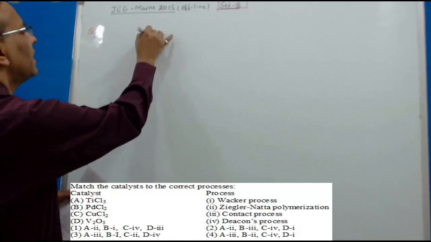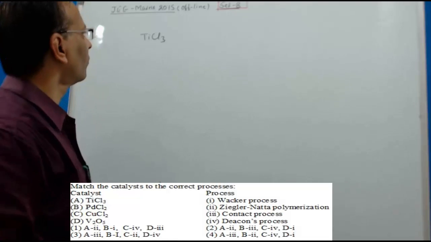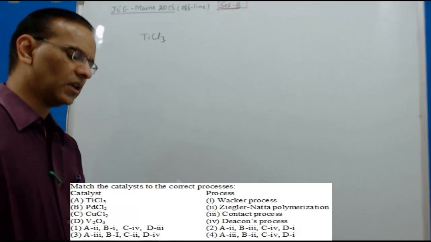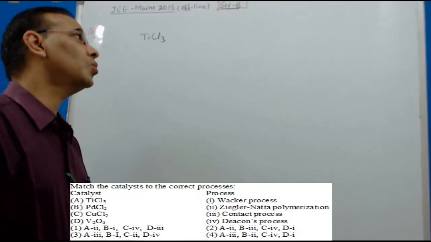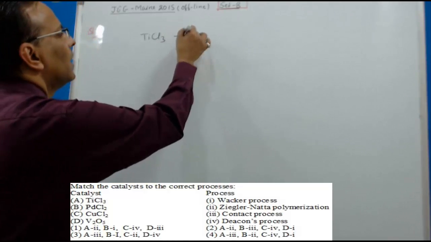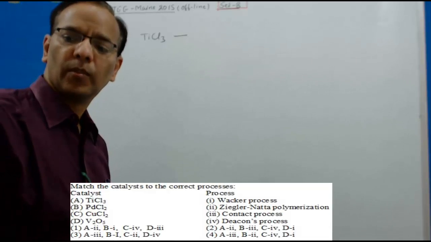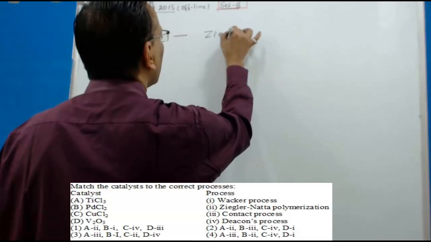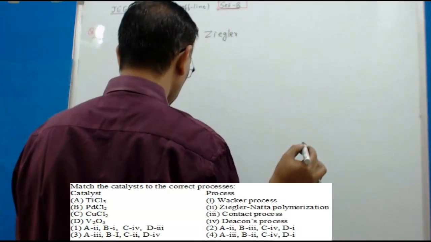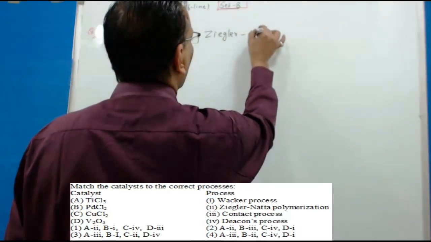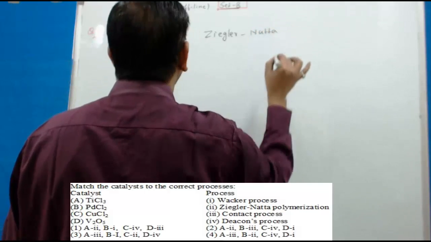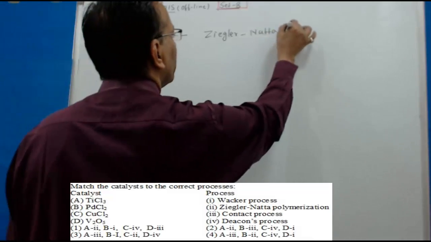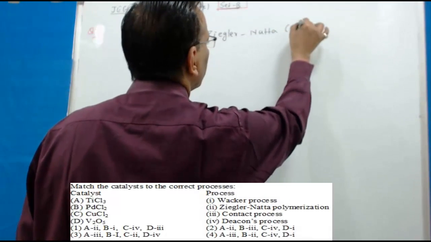So TiCl3, this we do in polymers. This is used for stereochemical control in the polymerization reaction. This is the Ziegler-Natta catalyst. So this is A, and this is the third on the right side of the column.